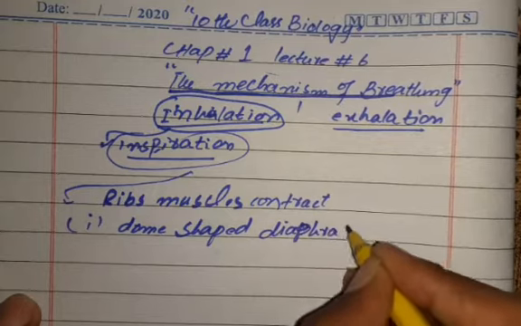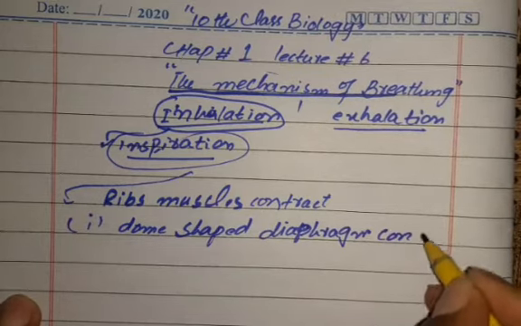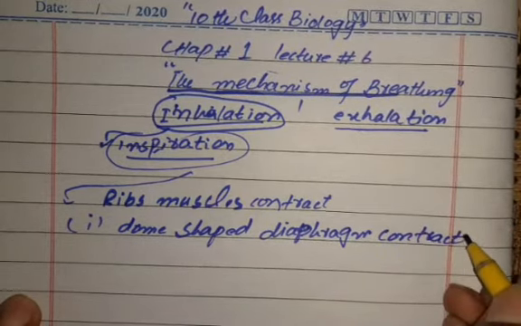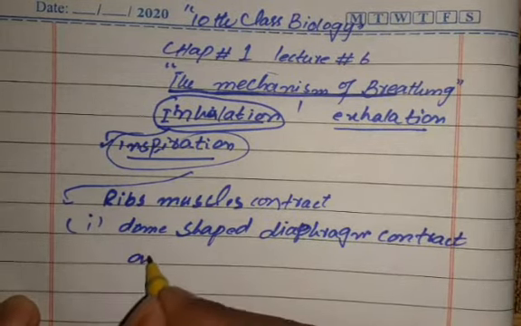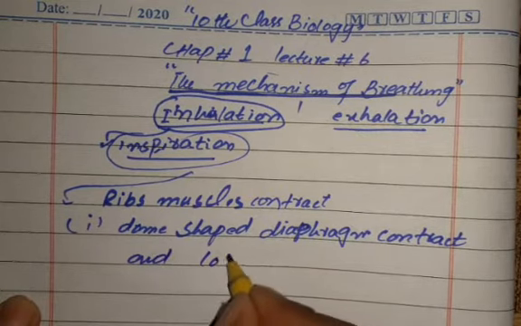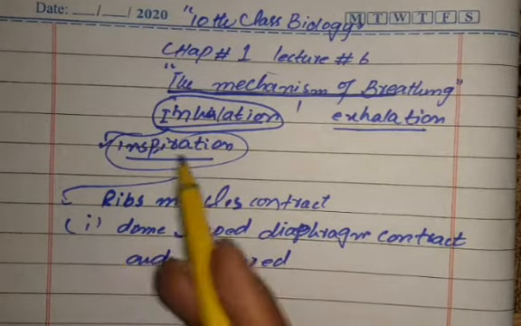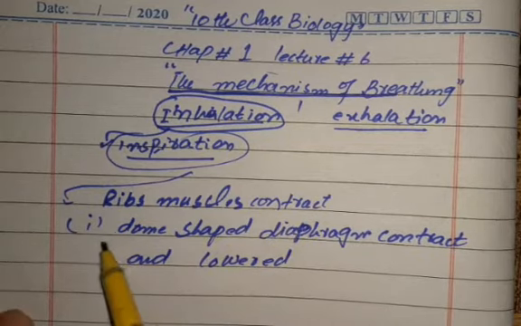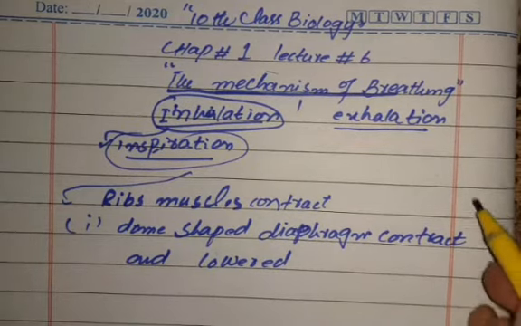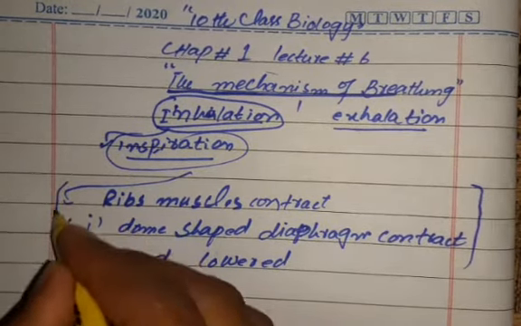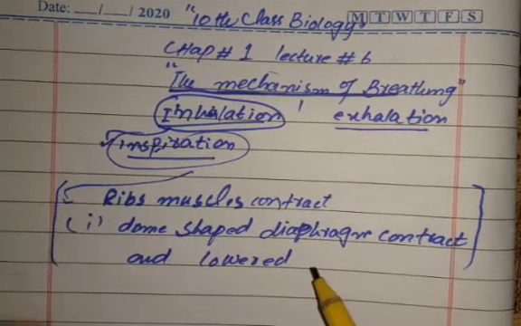The diaphragm also contracts and is lowered. So two things happen in inhalation or inspiration: rib muscles contract, and the dome-shaped diaphragm contracts and lowers.